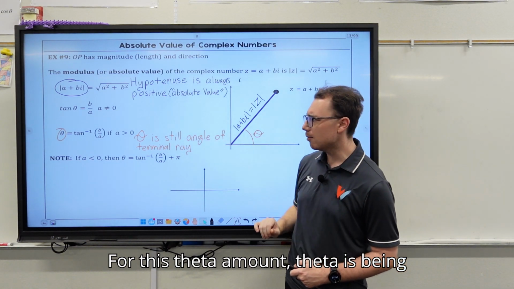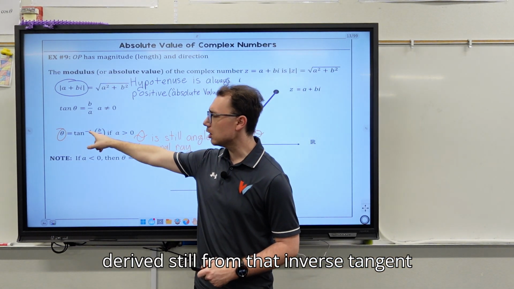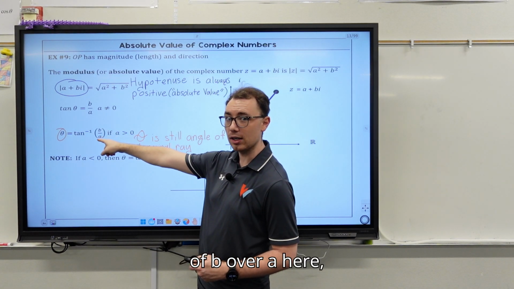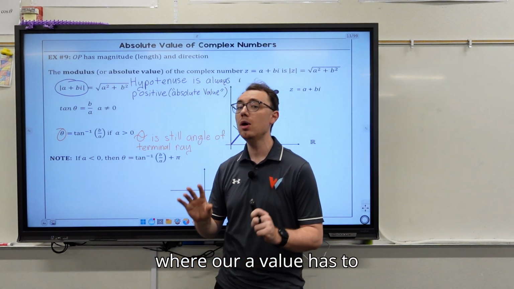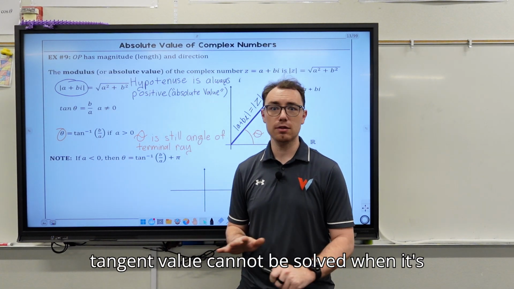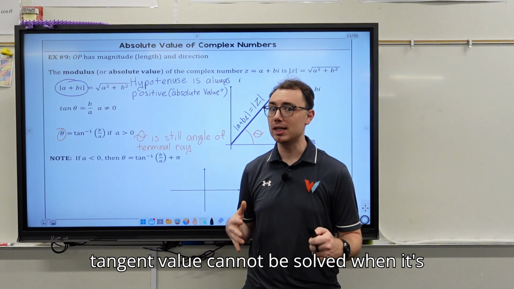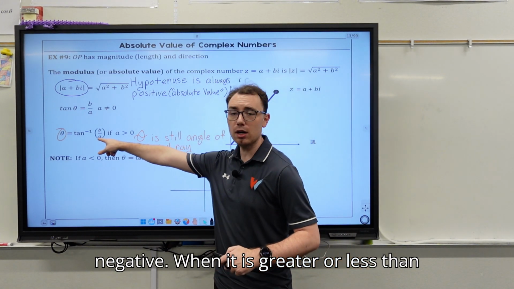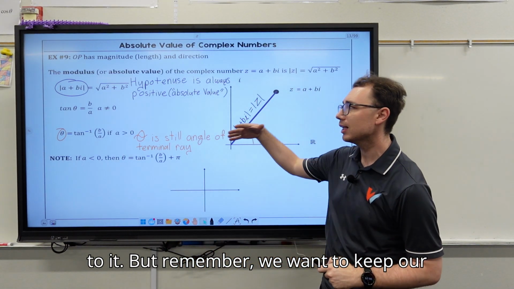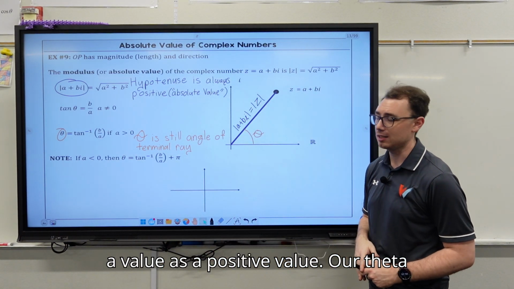For theta, it is derived from the inverse tangent of b over a, where our a value has to be greater than 0, since the tangent value cannot be solved when a is negative. When a is less than 0, we just need to add pi to it. But remember, we want to keep our a value as a positive value.